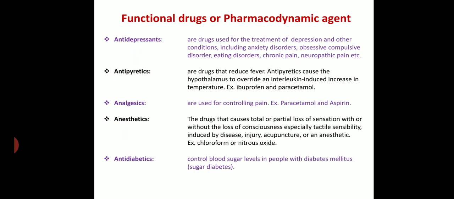Now we see the various subcategories of functional drugs. The first one is the antidepressant drugs. These drugs are used to treat depression and other conditions like anxiety, etc. The next one is the antipyretic drugs.